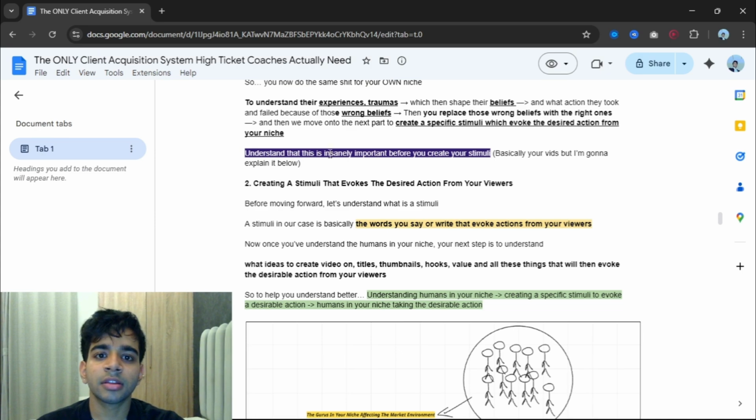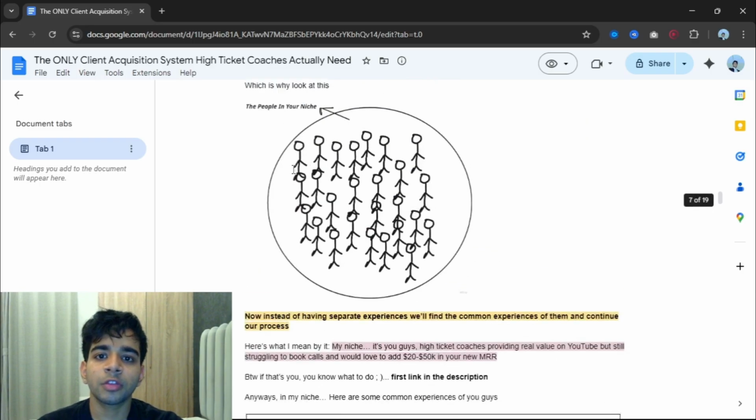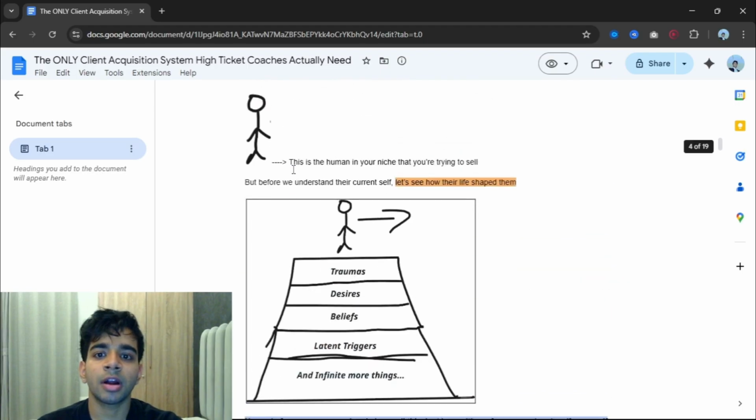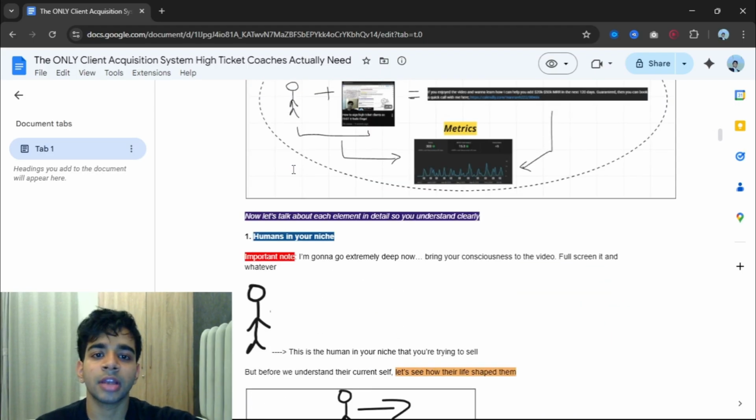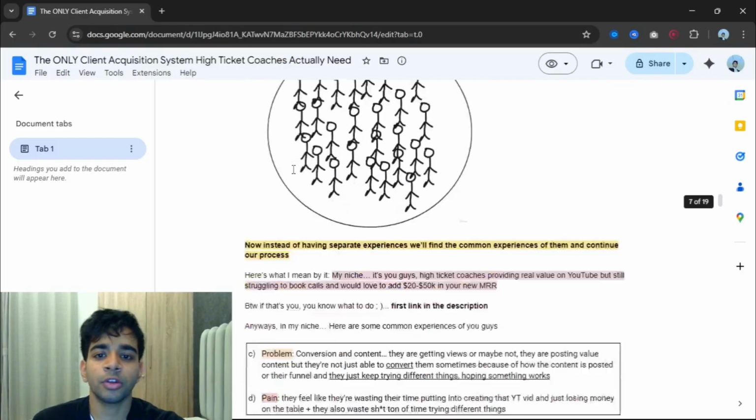So understand that this is insanely important before you create your own stimuli, basically your videos, but I'm going to explain it below, right? So this was the humans in your niche part, and this was the first element in the client acquisition system. You really do have to understand, and I hope I help give you a different perspective that could now make things easier for you, right?